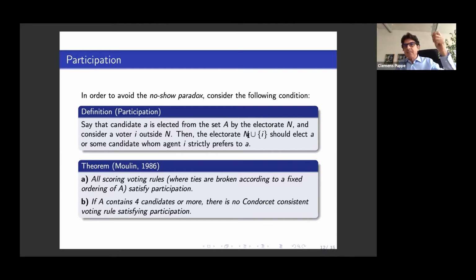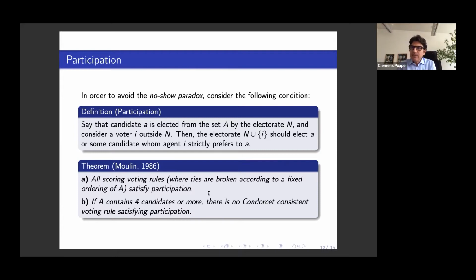Now, if I submit my preference ranking, I give A more points than all the others, and of course all candidates that I find worse than A get less points. So they cannot win. Either A wins, or I can even get some candidate who I prefer because I give him more points, right? So with the scoring rule, this can never happen, that I should rather stay home.